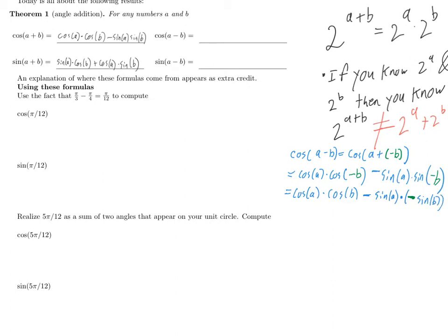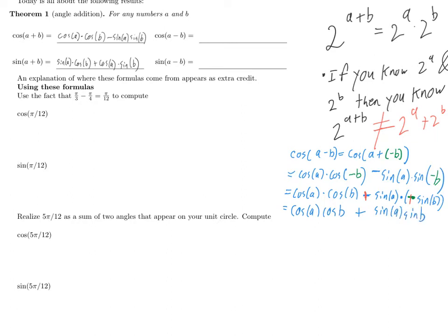This negative sign has moved out front. And in this second term, I see negative times a negative. Those negatives will cancel, and you wind up with cosine a cosine b plus sine a sine b.